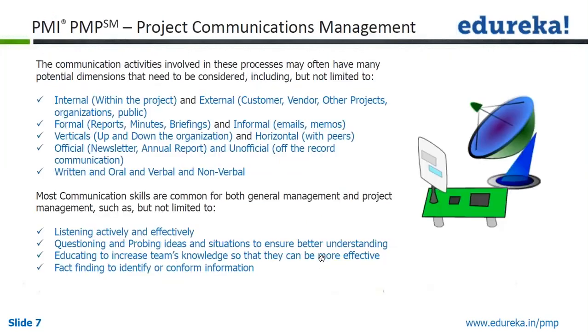The communication activities involved in these processes may often have many potential dimensions that need to be considered, including but not limited to: internal, within the project; external, with customer, vendor, other project, organization, public; formal, such as reports, minutes, briefing; and informal, emails, memos; vertical, up and down the organization, like your superior or your subordinate; horizontal, with your peers; official, newsletter, annual report; unofficial, off the record communication; written and oral, verbal and non-verbal.